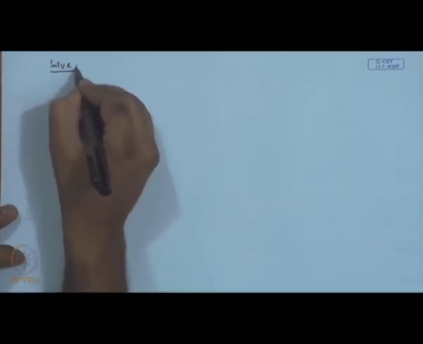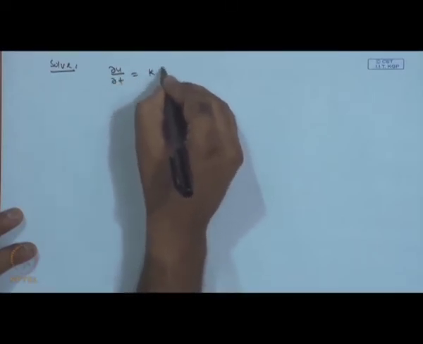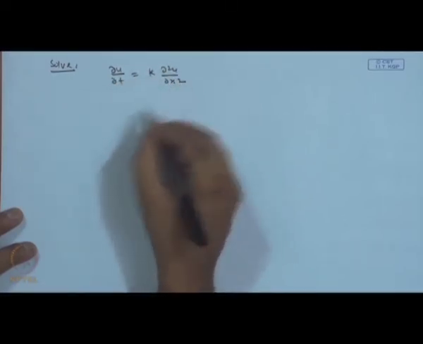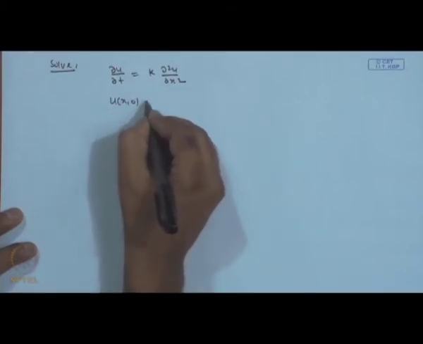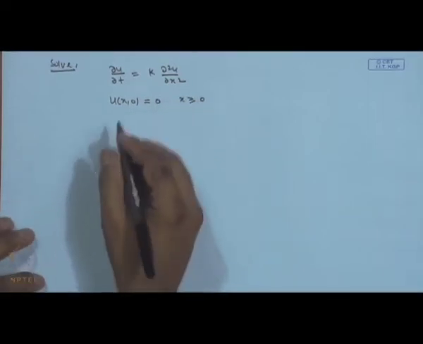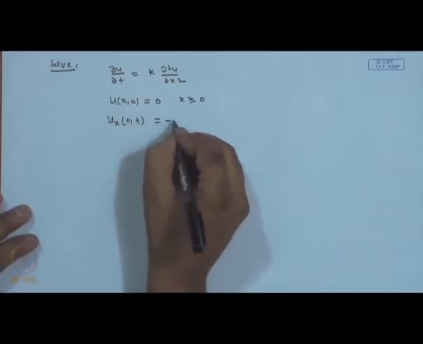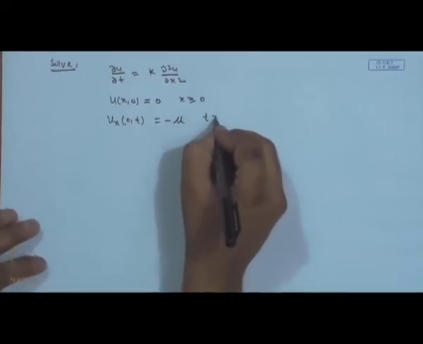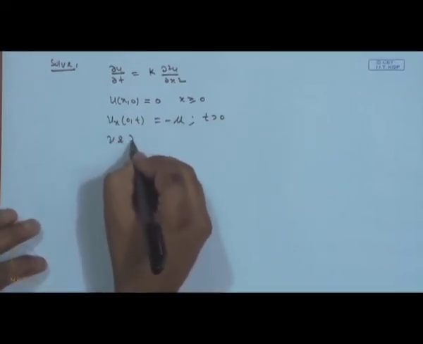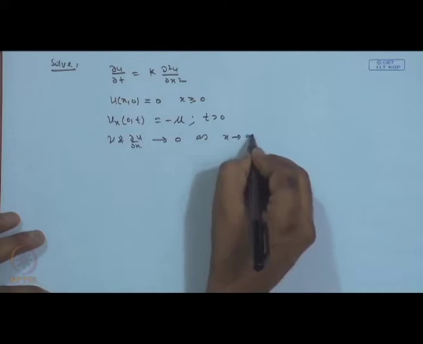The next problem, where we will see that we need to apply the cosine transform. So, next problem: solve del u over del t equals k del 2 u over del x square, subject to the conditions u(x, 0) is 0 for x greater than or equal to 0, and u_x(0, t) is minus mu, that is given for t positive, and u and del u over del x both go to 0 as x goes to infinity.